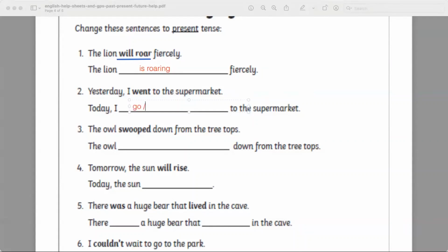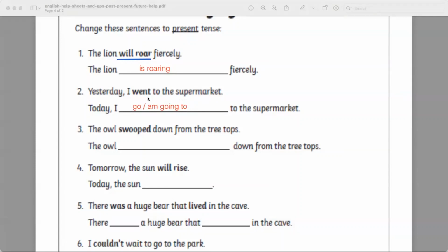Okay, let me give you 2 options. I go to the supermarket. Today I am going to the supermarket. So I am going to the supermarket and I'm going to the supermarket.